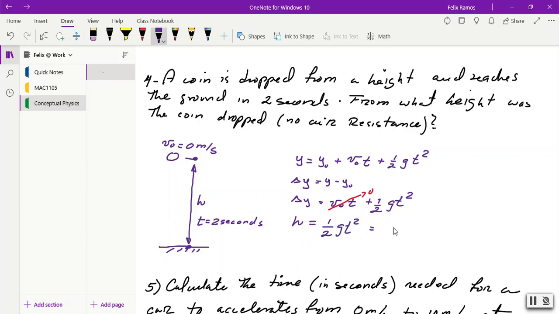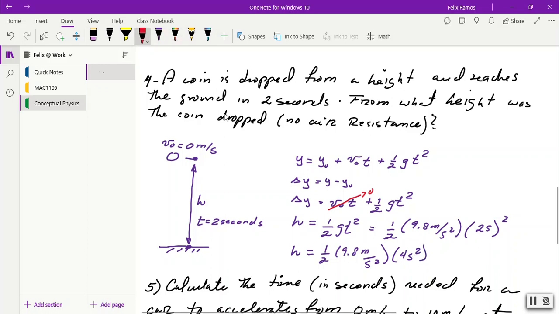So it would be 1 over 2 times 9.8 meters per second squared, times 2 seconds squared. So of course it will be 1 over 2 times 9.8 meters per second squared times 4 seconds squared.